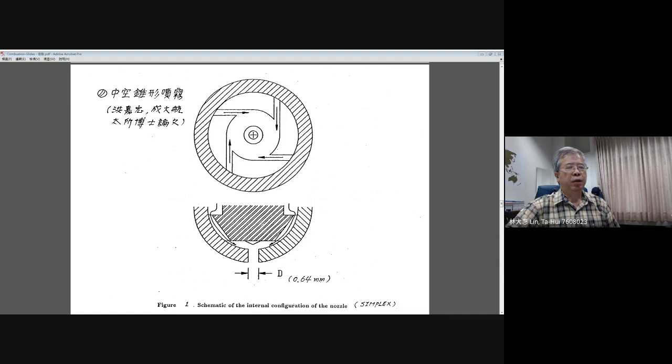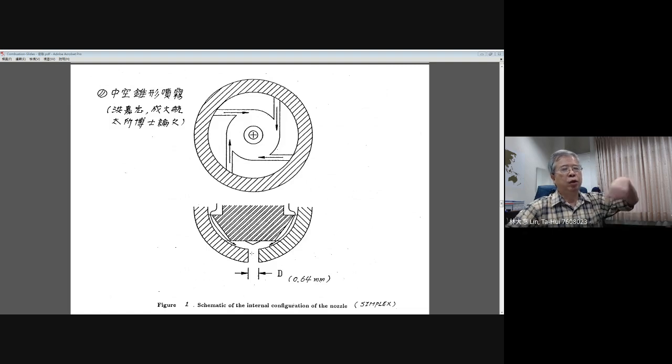You can see the cross section of the nozzle shows the liquid flowing into the conic-shaped tip, and it has this kind of swirling motion, and this swirling motion pushes your liquid out of the opening of the injector.